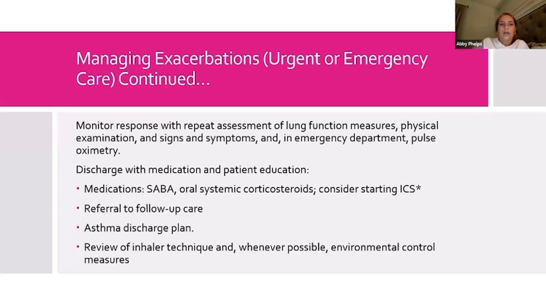So tell them about medications, your SABAs, oral systemic corticosteroids, and consider using your ICSs if needed. Referral to follow-up care, asthma discharge plan, and review of inhaler technique and whenever possible environmental control measures.